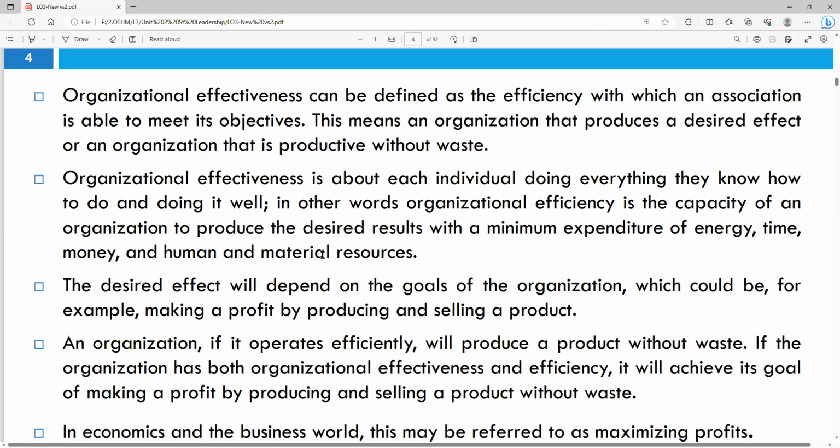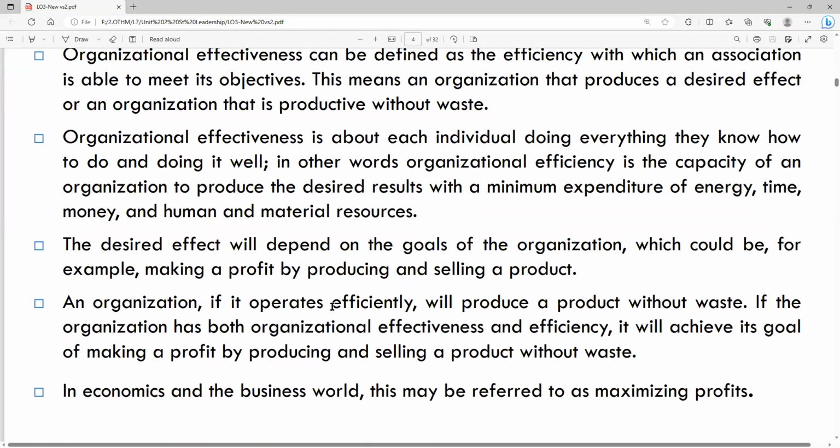We also mean making some kind of a profitable product.